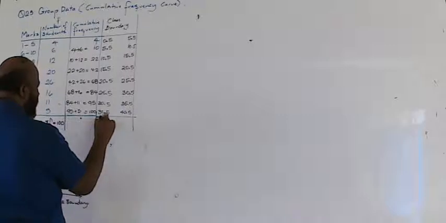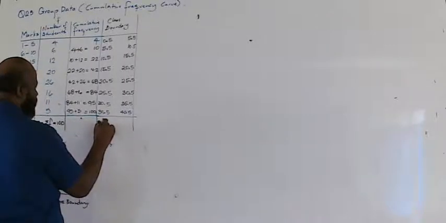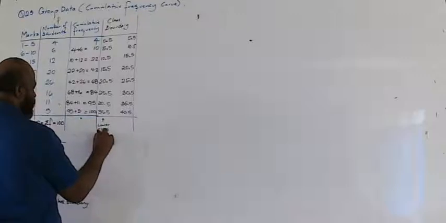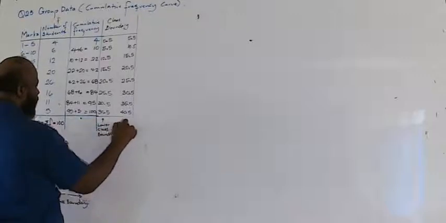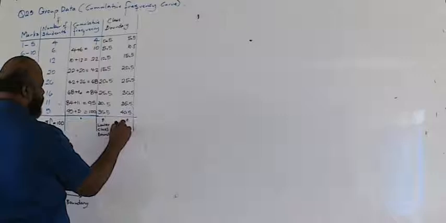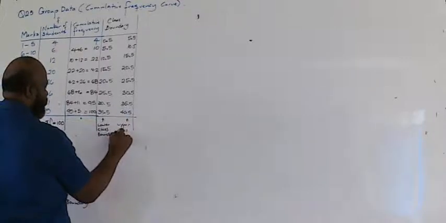This is the lower class boundary, and over here is the upper class boundary.